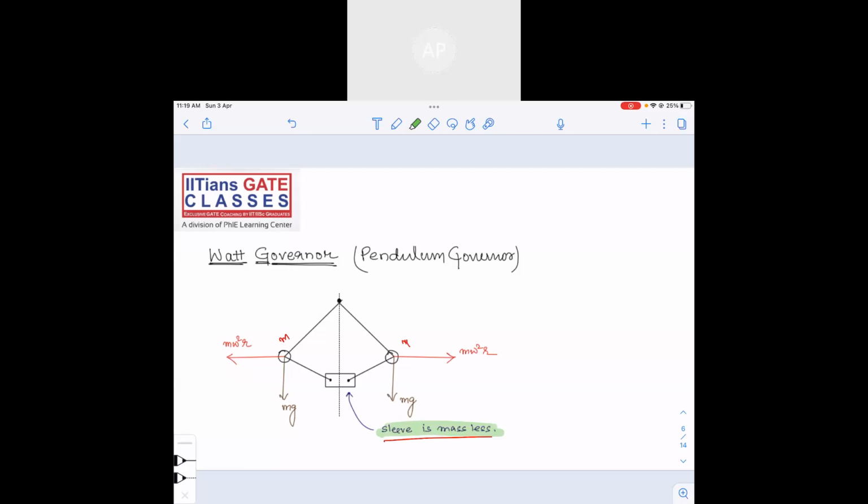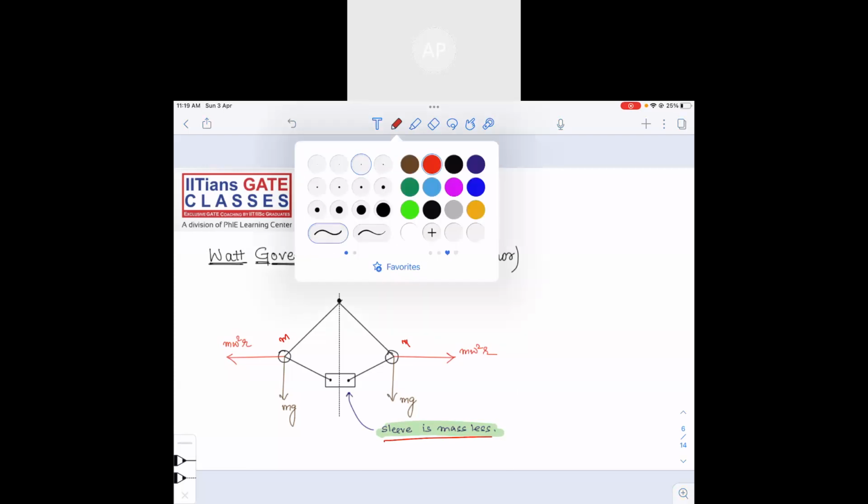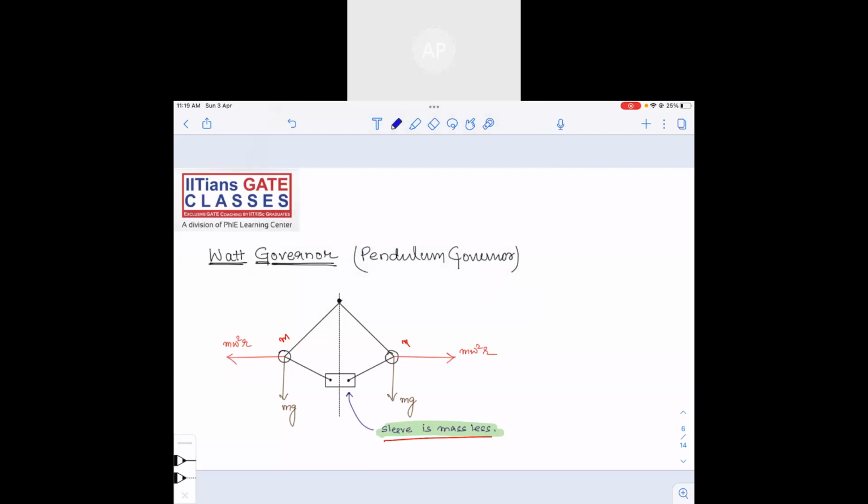ठीक है ना? एक simple सा चीज आप देख लीजिए. What is the equation? If a question is being asked, this is what will be asked. So this is the height. This is the radius of the governor R, and this is the height of the governor H. Right?